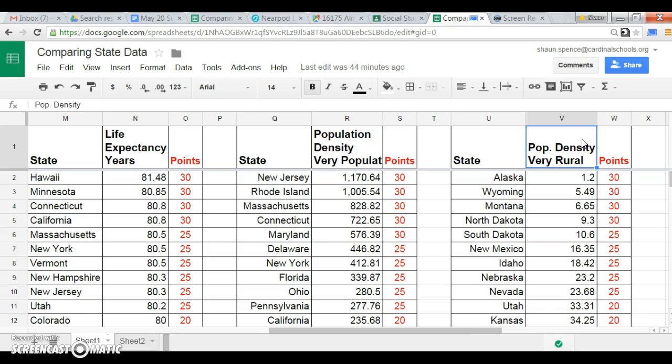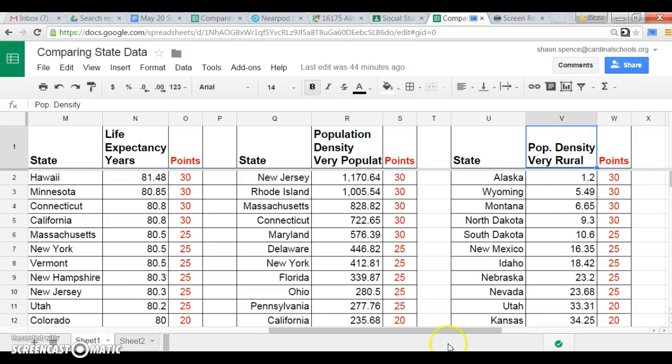You don't care that you have to drive a bunch of miles to the grocery store because you'd rather have some peace and quiet. So for these, you have to make a decision. Eventually you're going to decide: do I prefer to be more towards the big city life, which would be high population density, or do I prefer the more rural, open country kind of area, which this category would fit into?